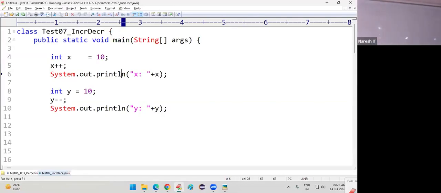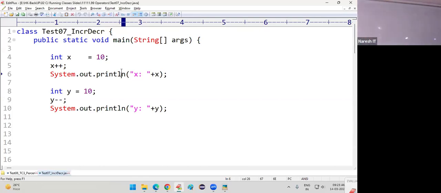We have two types of increment and decrement operators.